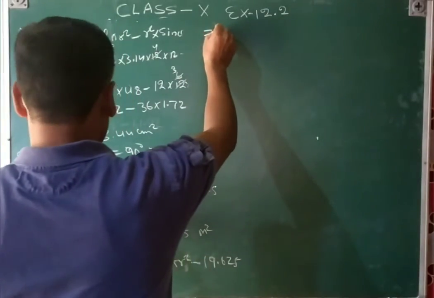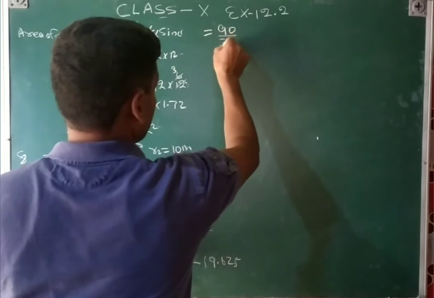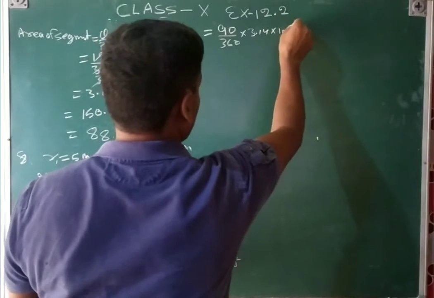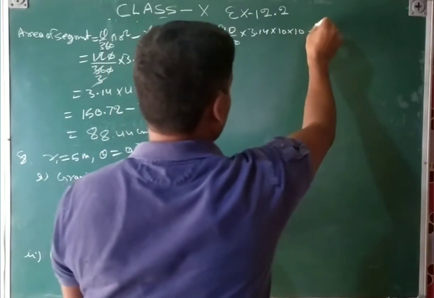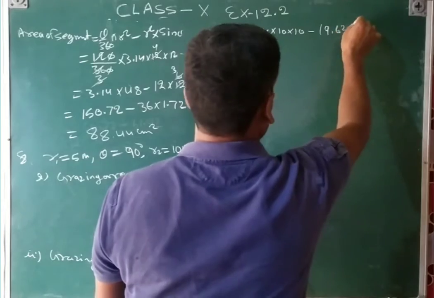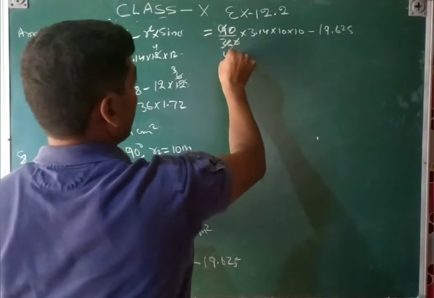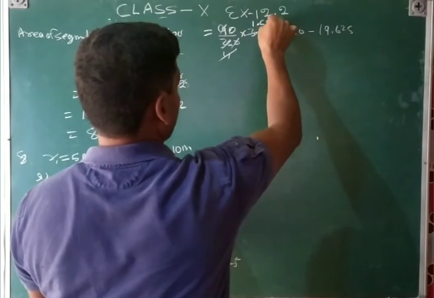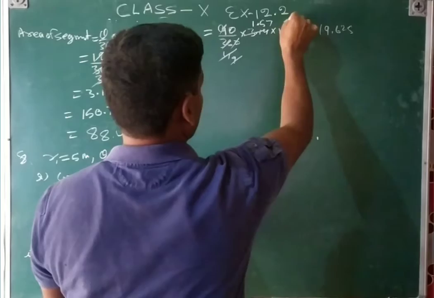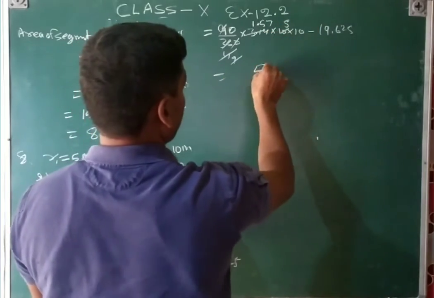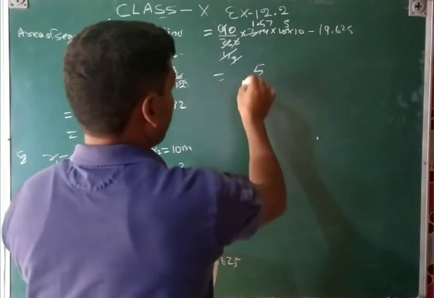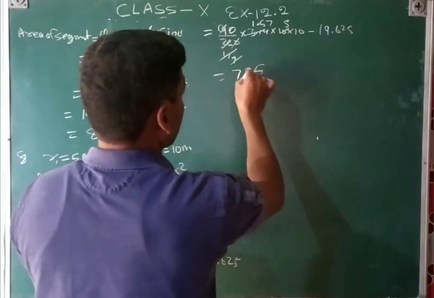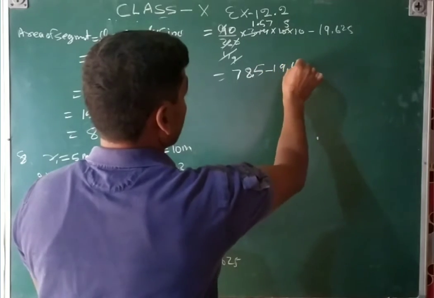Theta value is 90 degree upon 360 into pi value 3.14 into 10 into 10 minus 19.625, and then 1.57, then 25. So 5 7s are 35, and then carry 3, 5 5s are 25, 8, and then 5 1s are 5, 2, 7, that minus 19.625.